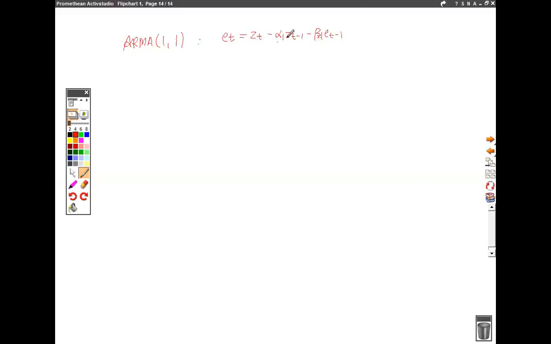And then once you substitute the data that you have, you will get the values for ET and ET minus 1 somehow. Then you check whether the assumed values of ET and ET minus 1 previously are equal to the ones that you have gotten now. If those are equal, then you have successfully back forecasted your model and the parameters have been estimated correctly.